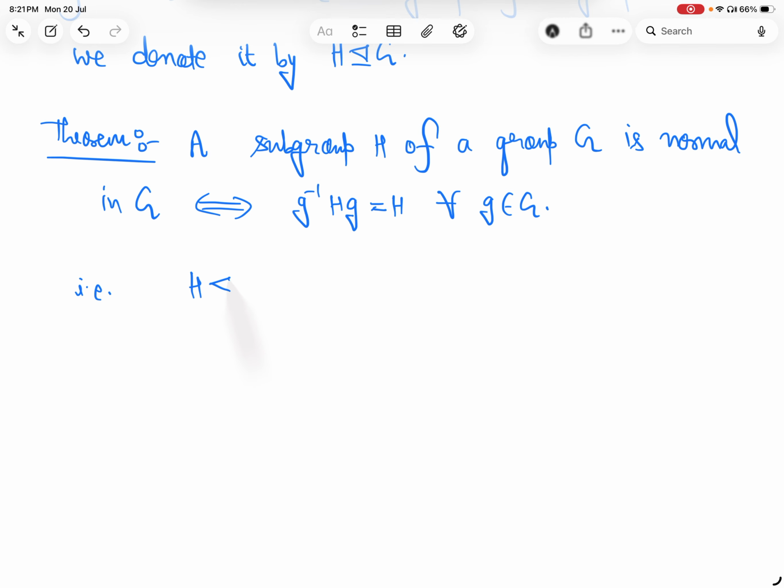H is a normal subgroup of G if and only if g inverse H g is equal to H for all g belongs to G. Let's see its proof.